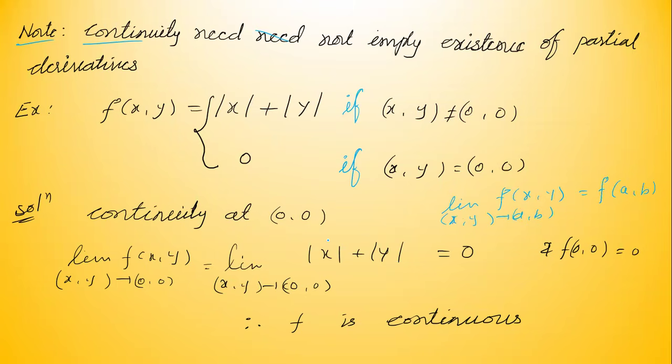If x tends to 0 it becomes 0, y tends to 0 it becomes 0, therefore we get 0. The functional value f of 0 0 is also 0, the same as the limit, therefore f is continuous here.